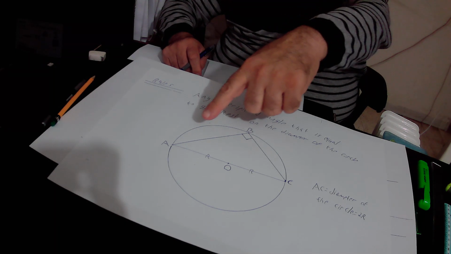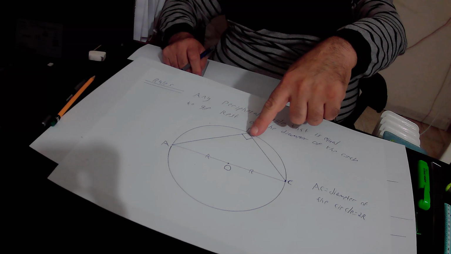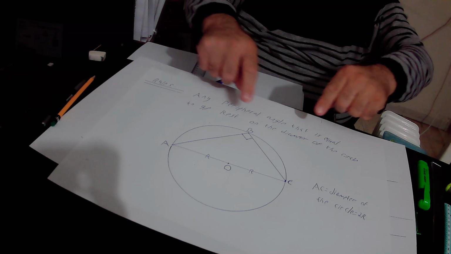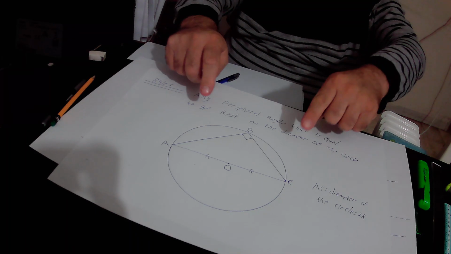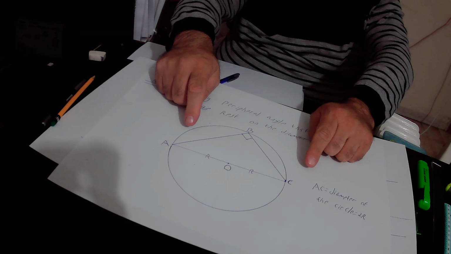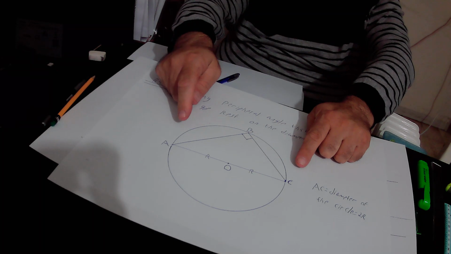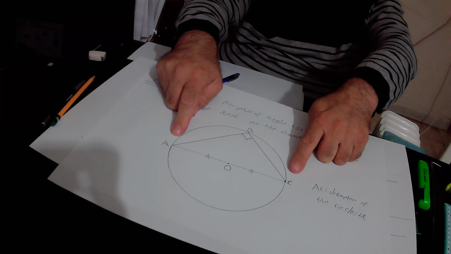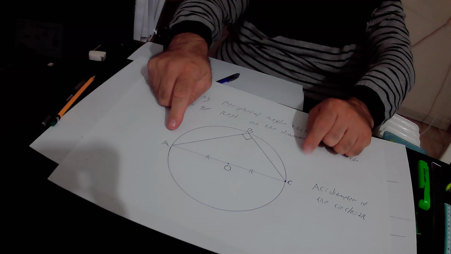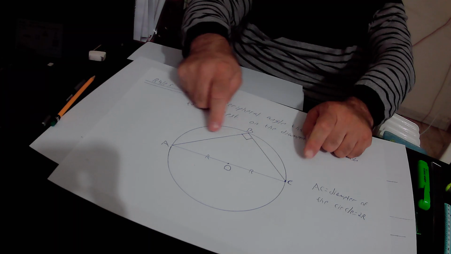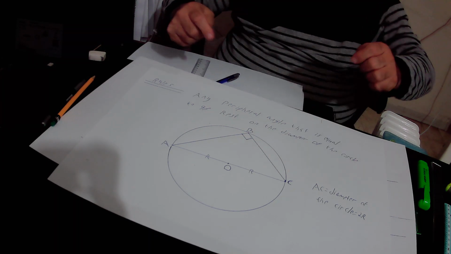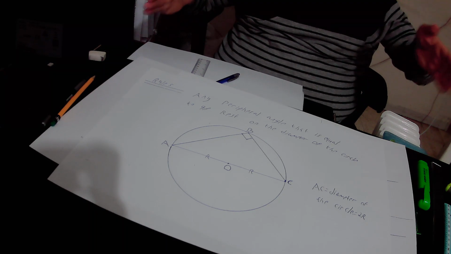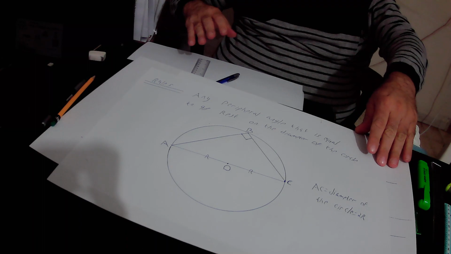Here we have peripheral angle ABC that is equal to 90 degrees, and it rests on the diameter AC. Here the diameter is AC, therefore peripheral angle ABC that is equal to 90 degrees must rest on the diameter AC. So again, any peripheral angle that is equal to 90 degrees must rest on the diameter of the circle, according to rule number 5.